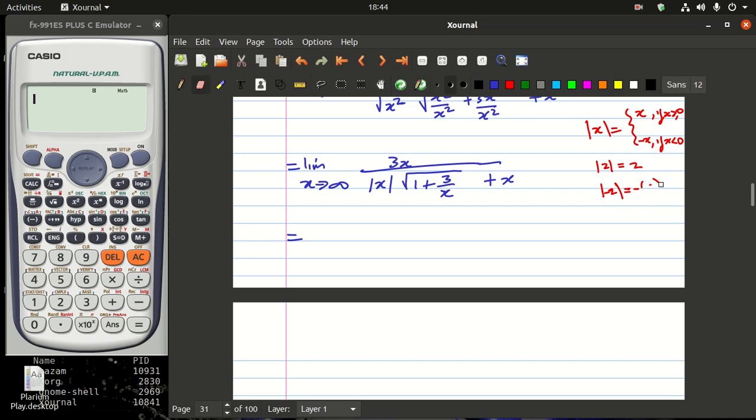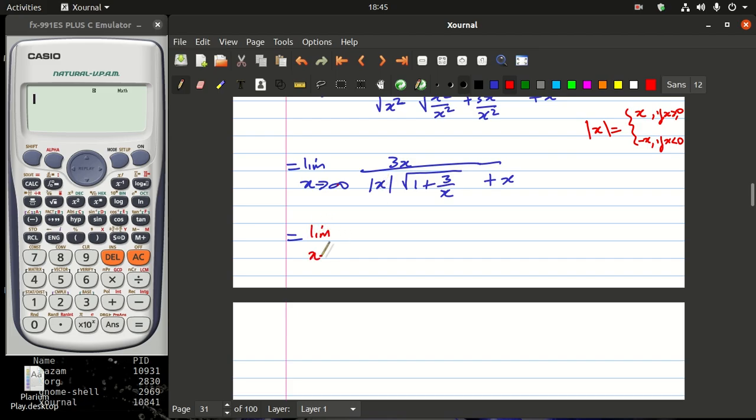But the main goal of what I'm trying to do here with this definition is this. If you look at x as x approaches infinity, you will find out that infinity here is a very positive number. It's a very big number, because x is increasing unboundedly. So this absolute value here is just going to be our x.